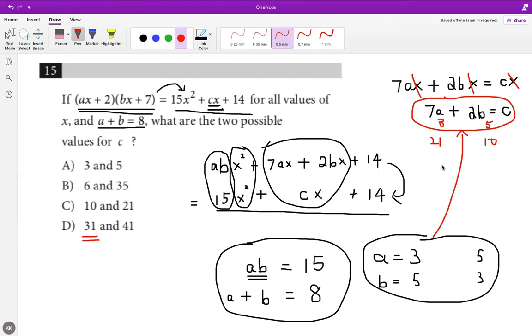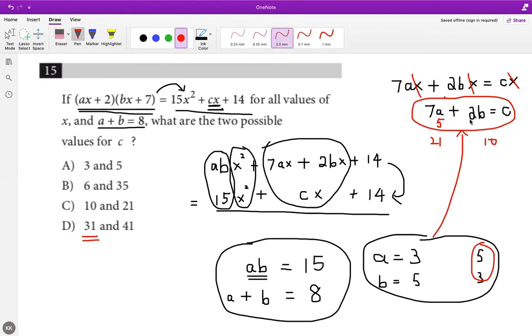For my second possible answer, I need to plug in A equals 5 and B equals 3. So let's try this out. This time I'm letting my A value equal 5 and my B value equal 3.